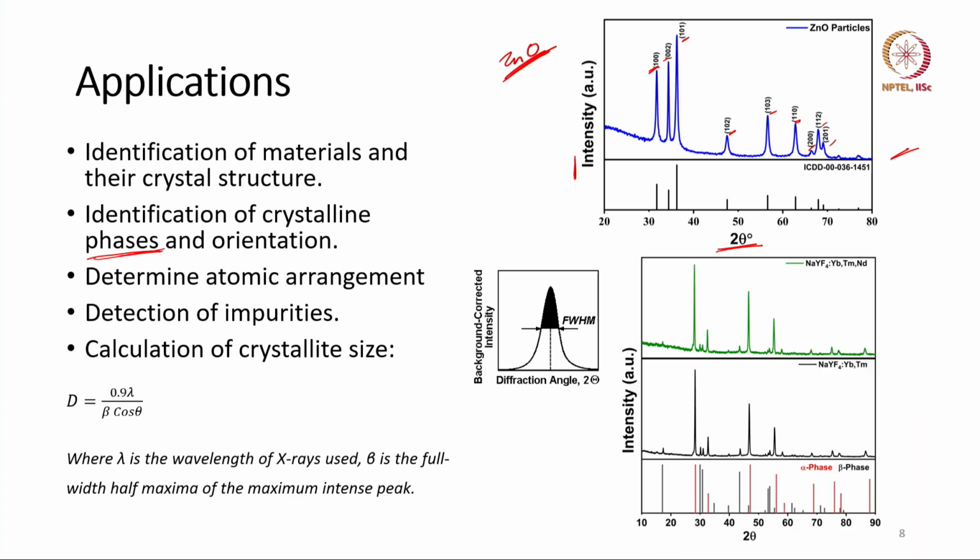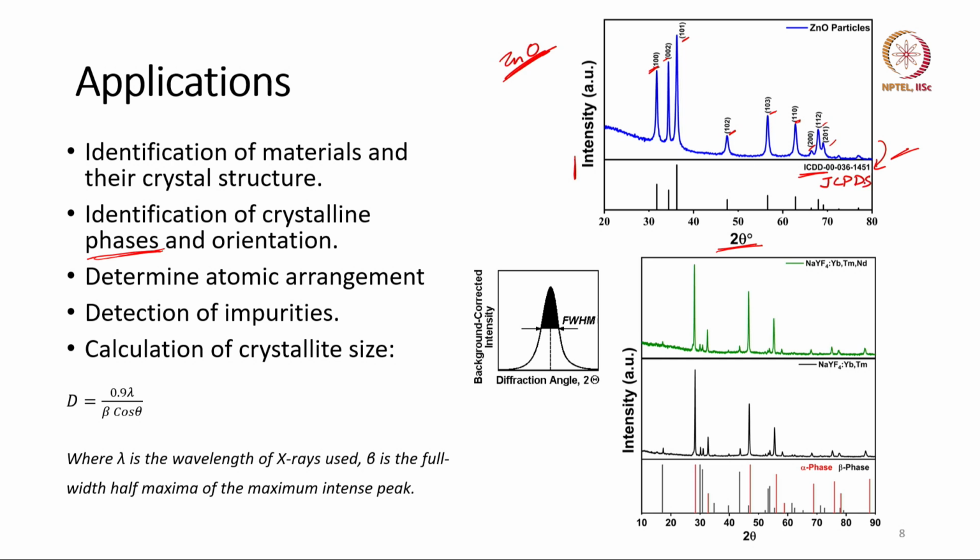When we synthesize our material, we run it through XRD and get the XRD pattern, and then we have something called a reference card, like the standard ICDD or JCPDS cards.